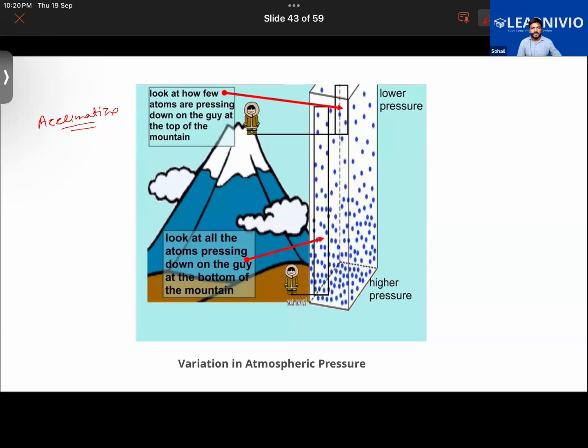Adaptation is a long-term and permanent change, and that will pass from one generation to another. Getting it now?